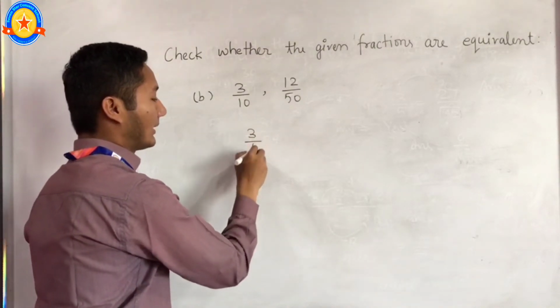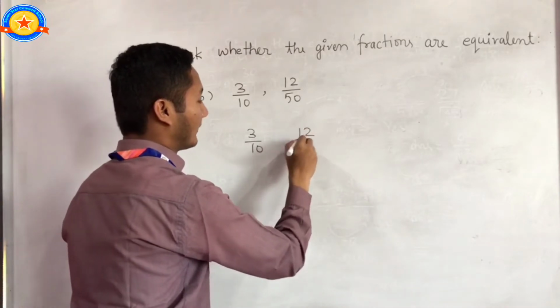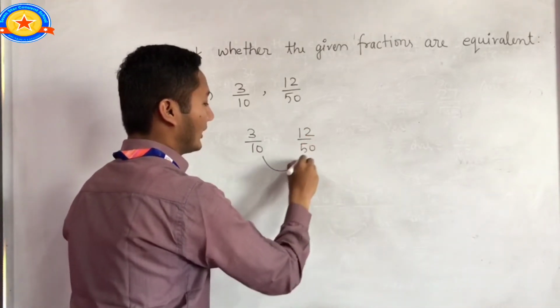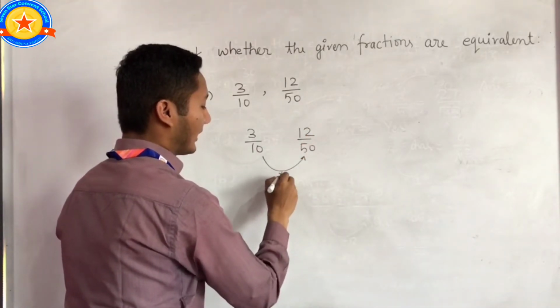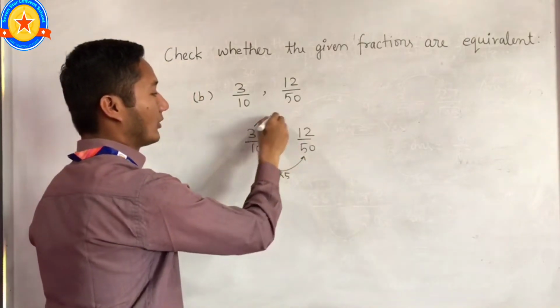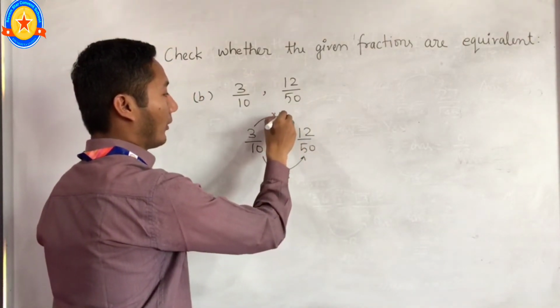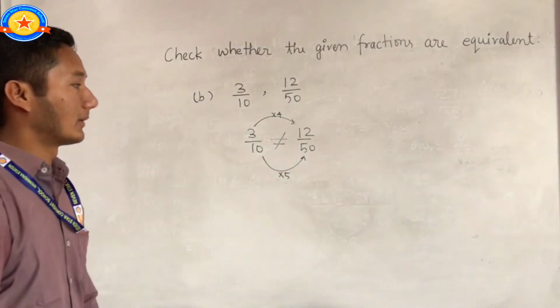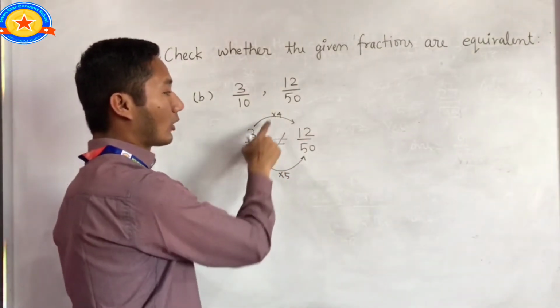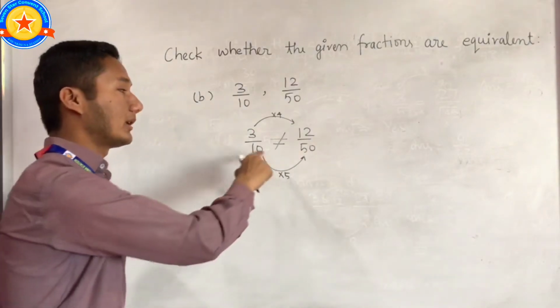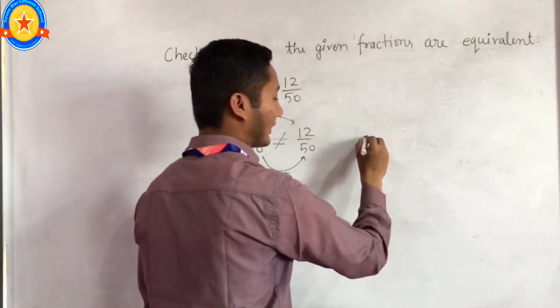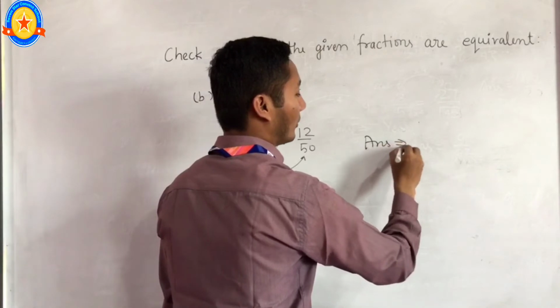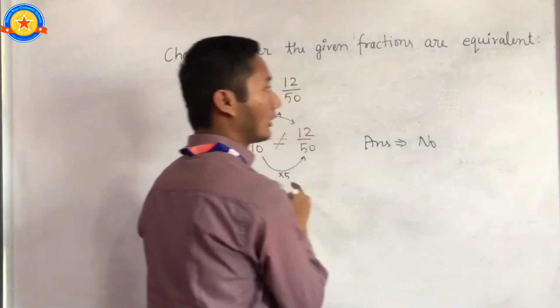Then simply we write 3 by 10 and 12 by 50. We check here, 10 is multiplied by 5 to make 50 and 3 is multiplied by 4. That means these fractions are not equivalent, because they are not showing the same pattern in numerator and denominator. That's why our answer is no. These fractions are not equivalent.